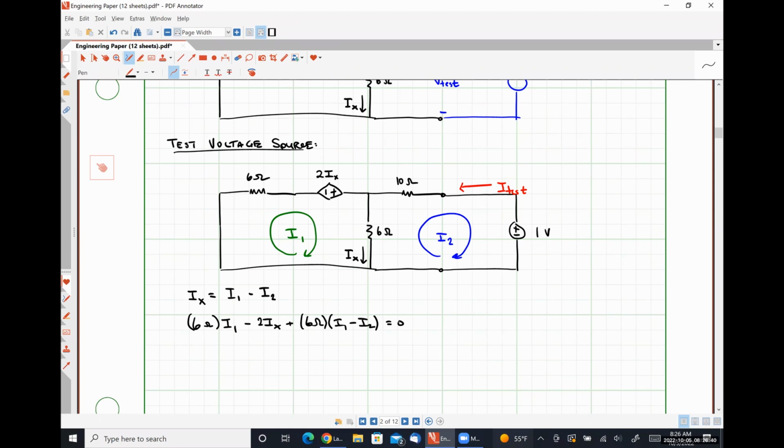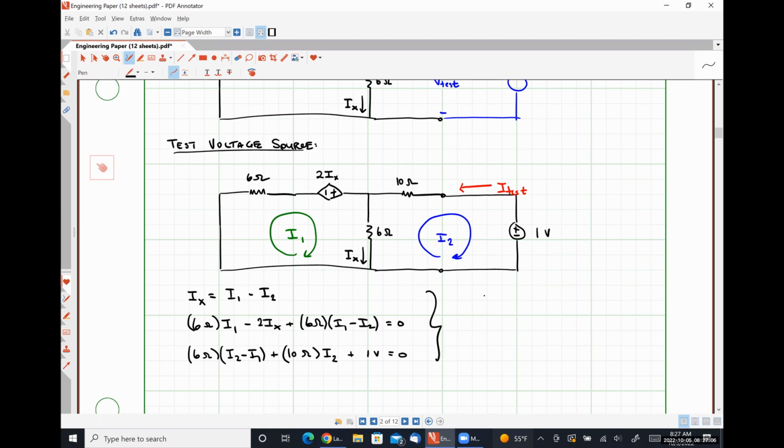I'm going to write my KVL equation around mesh 2. So that's going to be 6 ohms times I2 minus I1 plus 10 ohms times I2 plus 1 volt is equal to 0.